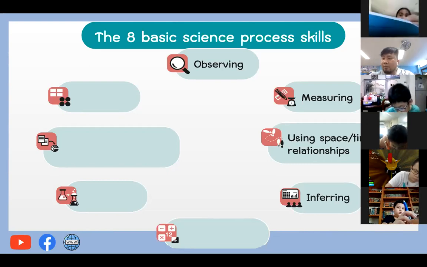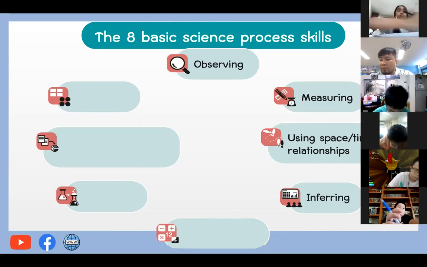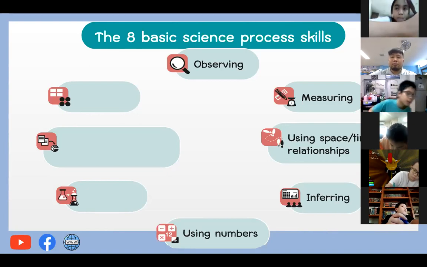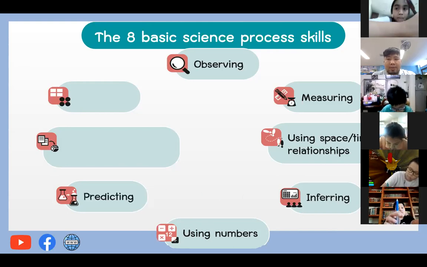Number 5, using numbers. Next, predicting. I think someone already copied this one.